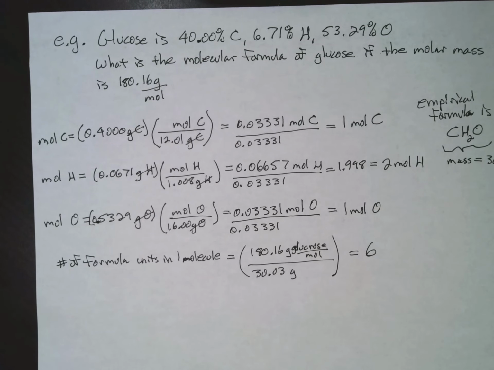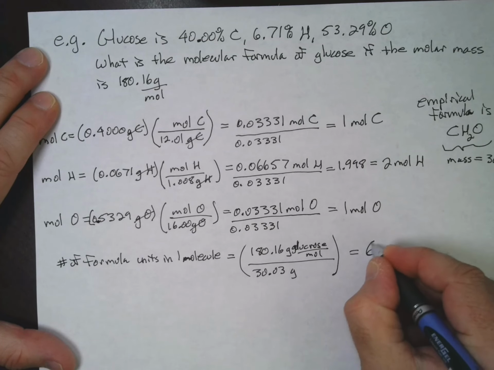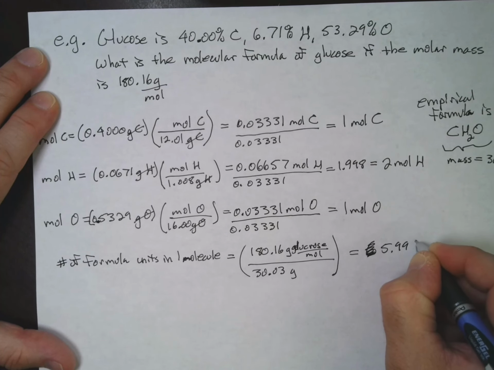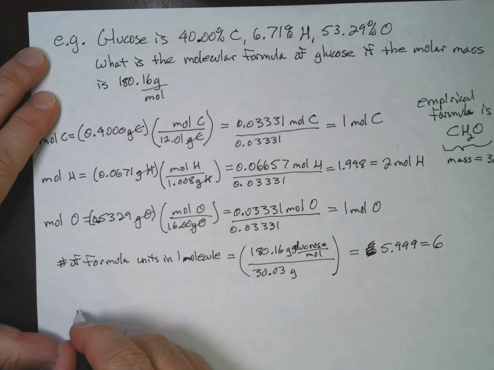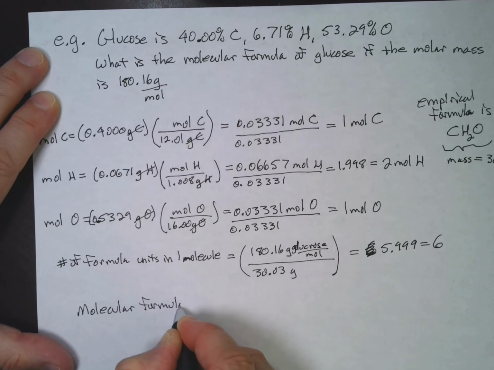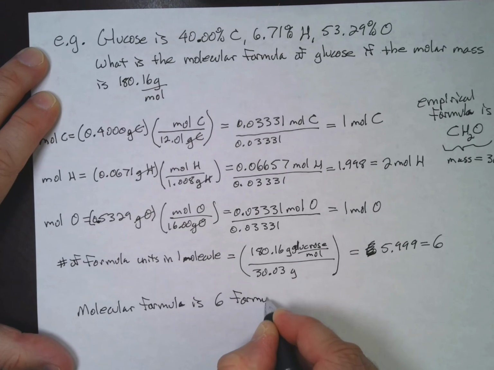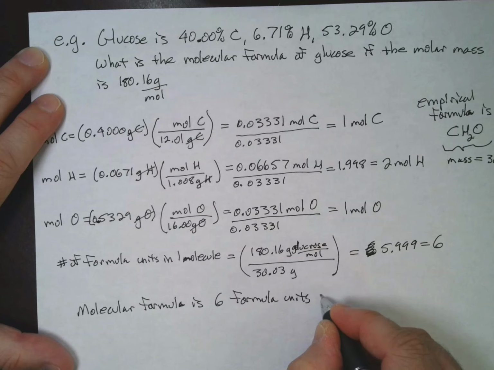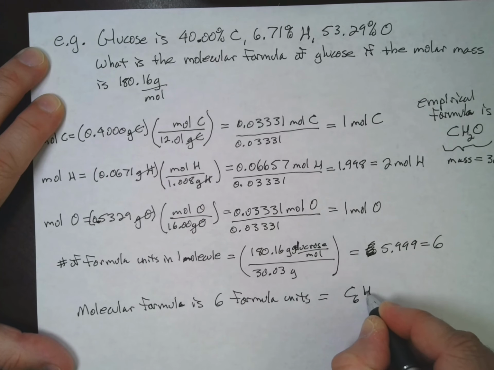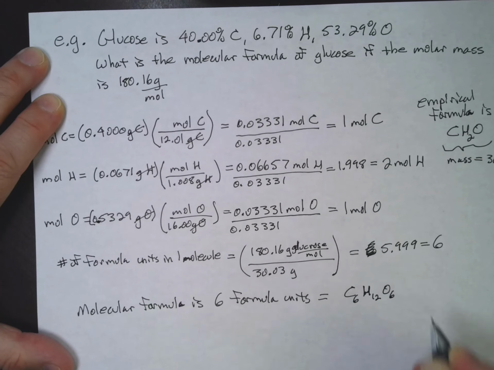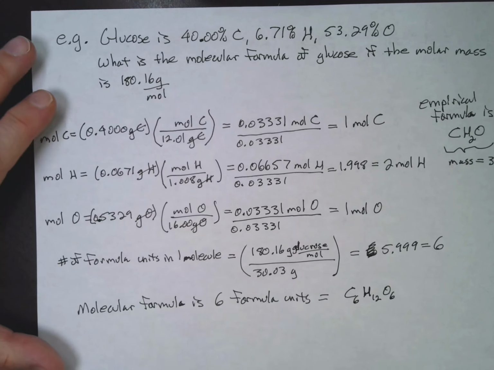I can go ahead and do that calculation: 180.16 divided by 30.03 equals 5.999, which equals 6. So our molecular formula is 6 formula units, so it'll be C6H12O6.